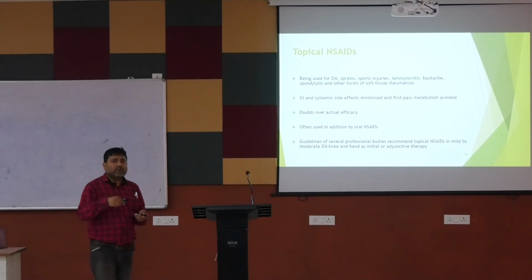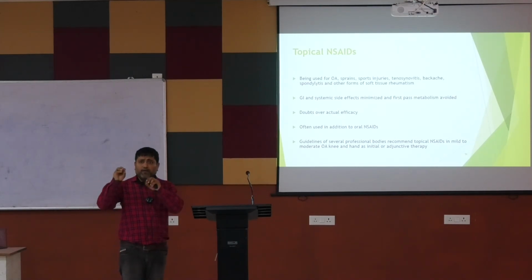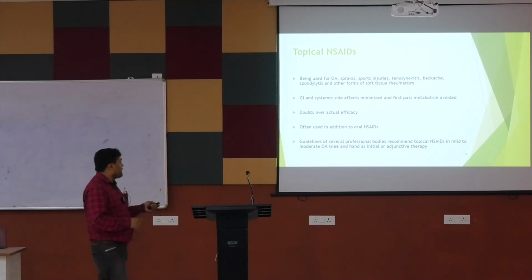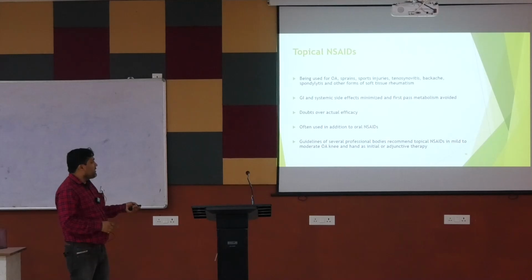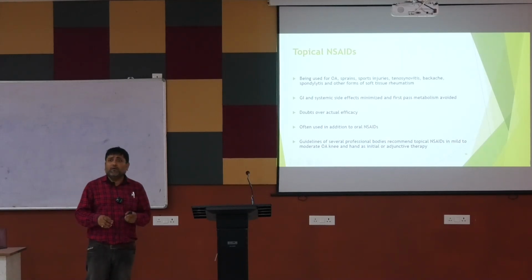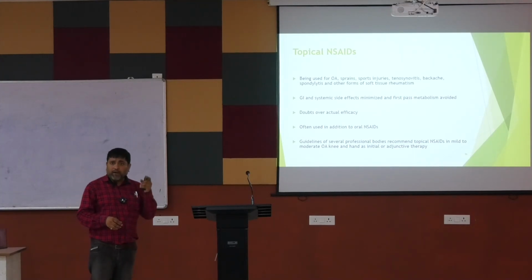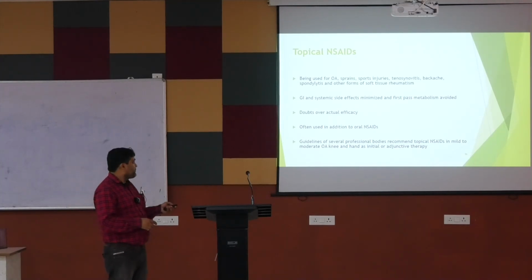Commonly, a topical NSAID is applied along with an oral NSAID. Guidelines of several professional bodies recommend topical NSAIDs only in mild to moderate osteoarthritis pain of the hands and knees.